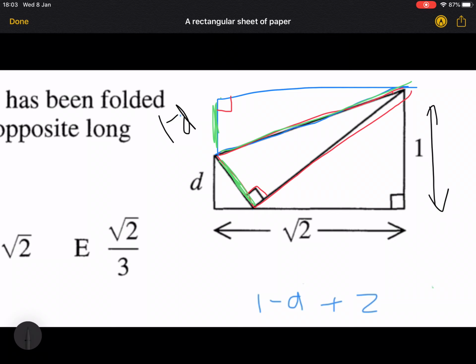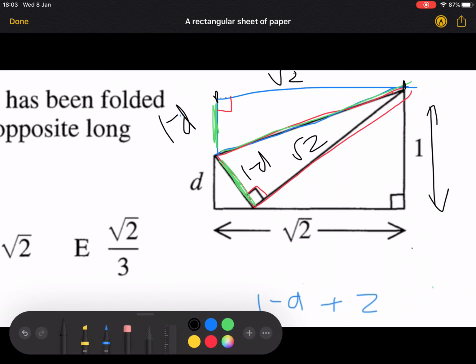And then this blue line from here to here would just be the width of the paper, which would be root 2. So if we know these lengths, then we know that this green side is also 1 minus D, and we know that this red side is also root 2. So we know these lengths now.